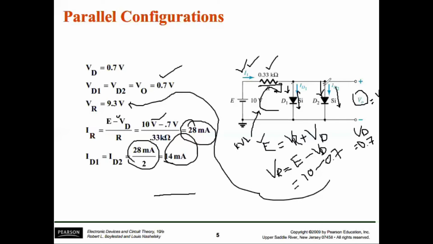If you are asked to find V naught as well, you can find it from this equation. And what will be the value of this current? As all the current which has flowed from here has gone through these two diodes, there will be no current left to flow from this region. So the current here will be equal to 0 unless some resistor is connected here.